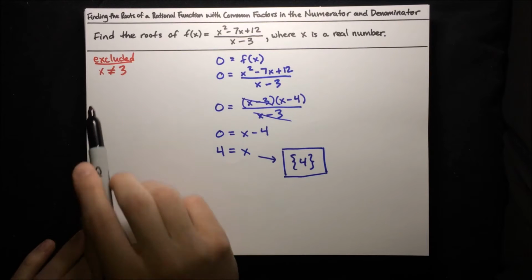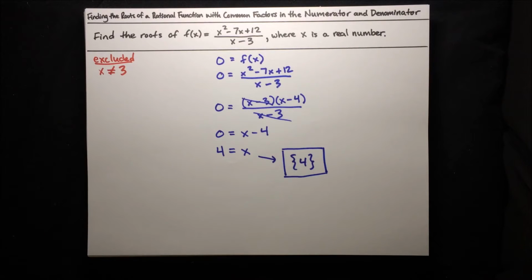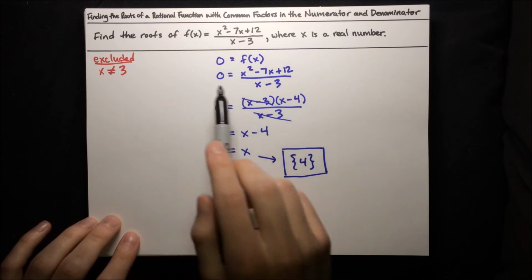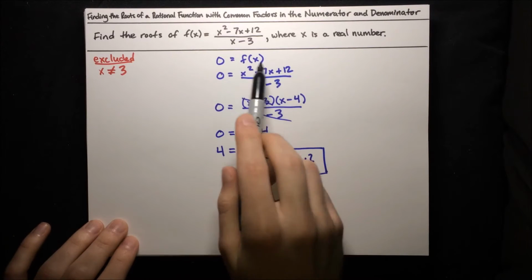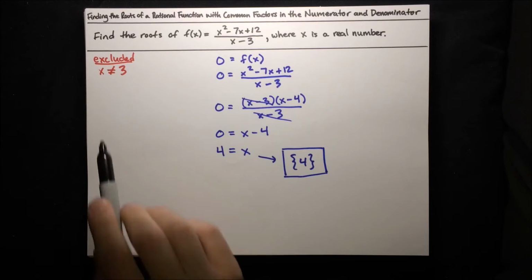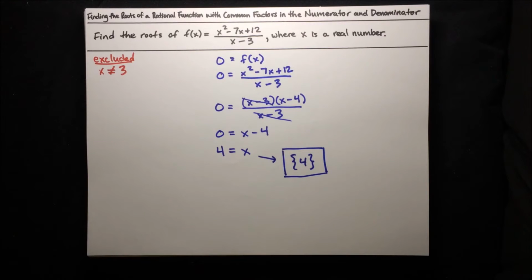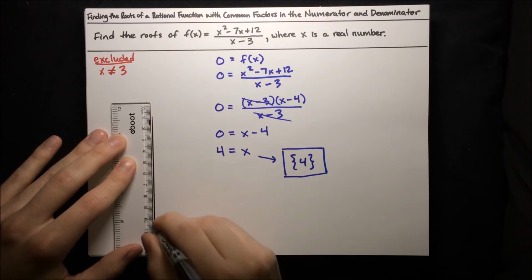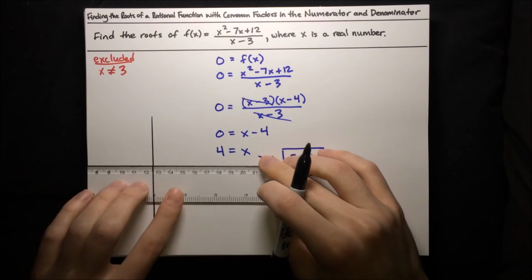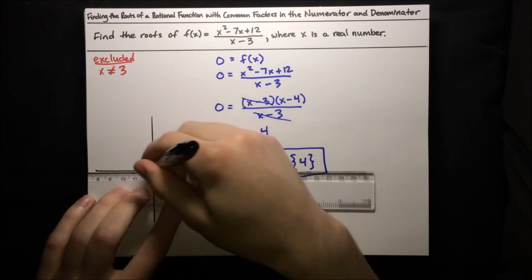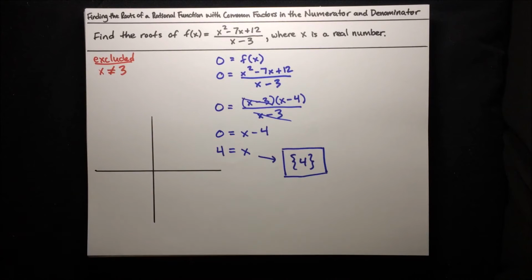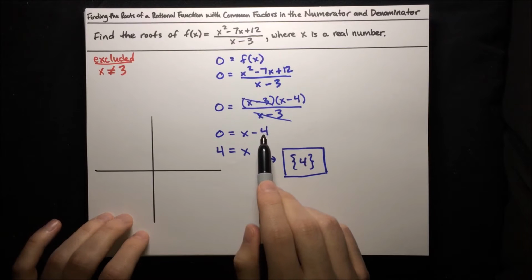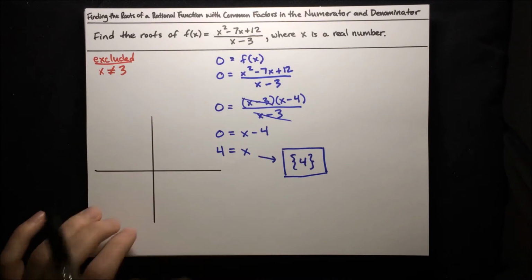Before we go on, let's elaborate a bit more on this excluded value. We already talked about how having 3 for x makes the denominator 0, which makes the right-hand side here undefined. But this excluded value has a graphical interpretation as well. So why don't we draw a set of axes here, and we'll just do a rough sketch of f. Alright, so we know that f can be simplified to x minus 4, provided that x is not equal to 3.